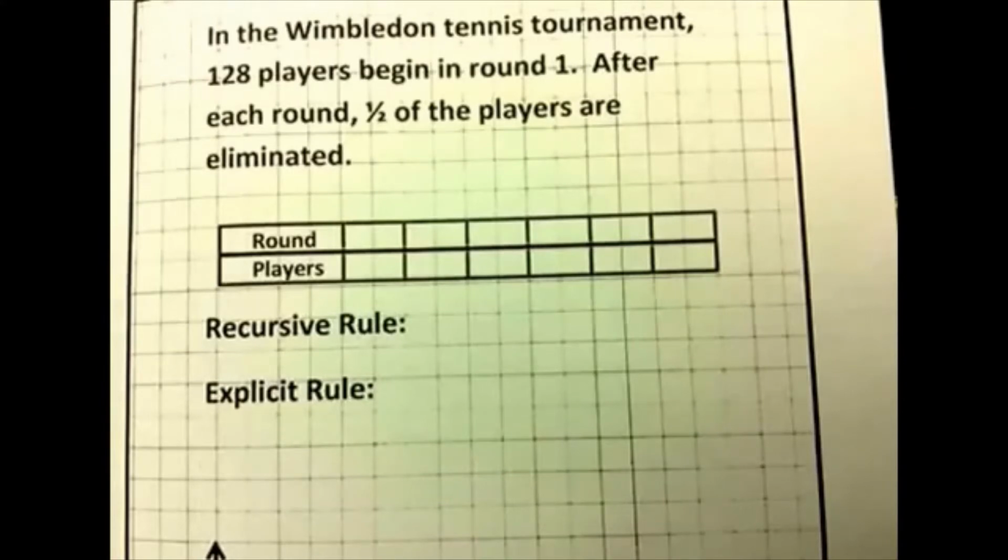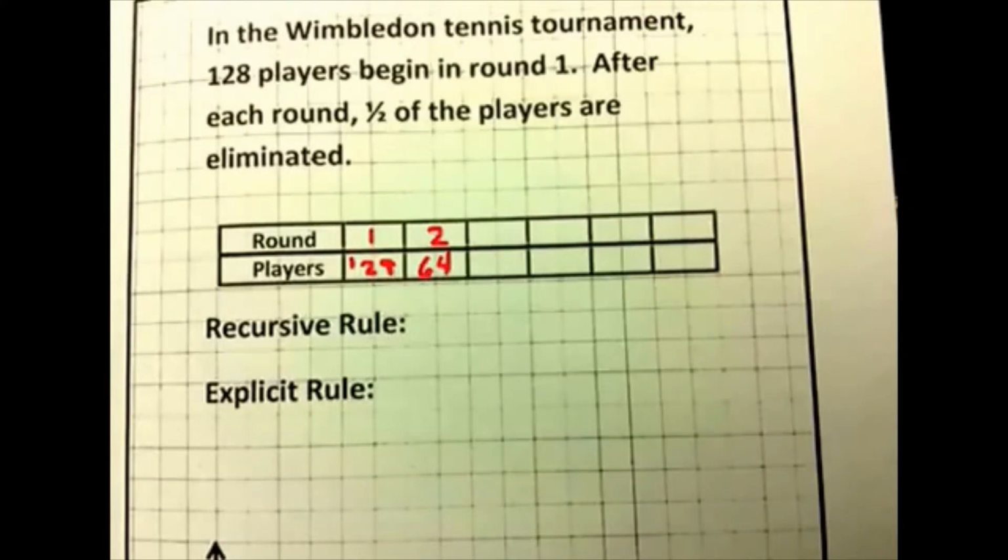So in round 1, they told us that we had 128 players. In round 2, they said we have half of the players because half of those players are eliminated. So half of 128 is 64. So round 2 gets 64.